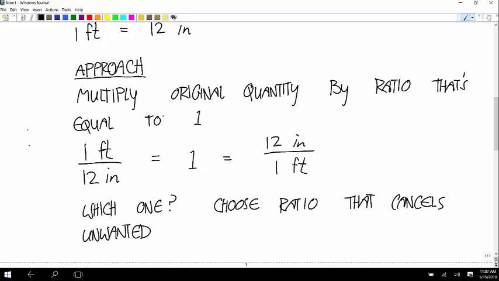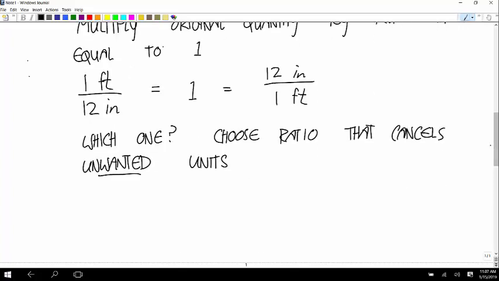We just want to express our answer in inches. And so we'll take 3.5 feet and we'll multiply that by, we want the one with feet in the denominator, so it cancels the feet in the numerator here. So 12 inches is equal to 1 foot.